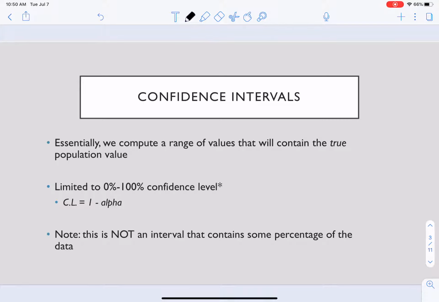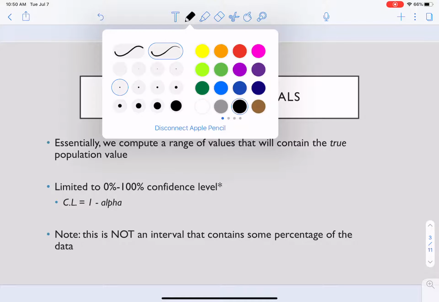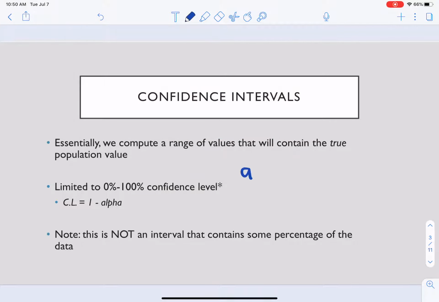So for instance, if we are given an alpha of 0.05, based on this little thing over here, our confidence level will be 0.95. Both of these can be translated into percentages, right?